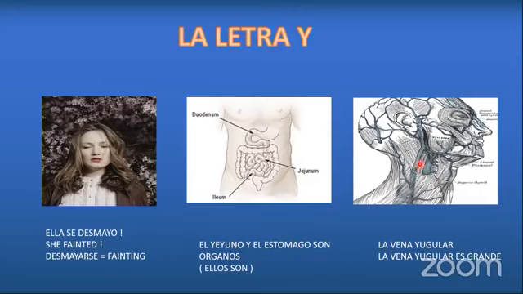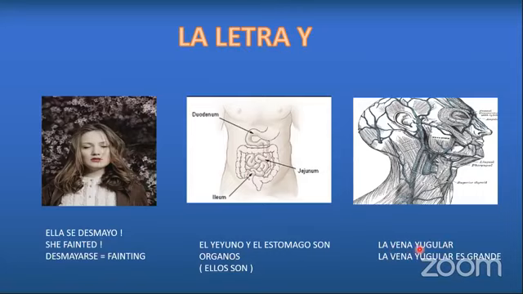This big vein that we have here in the neck, that we use in anesthesia, when we are in ICU, the patient doesn't have peripheral veins, and we need a central line, a central vein, right? La vena, the vein, la vena jugular.